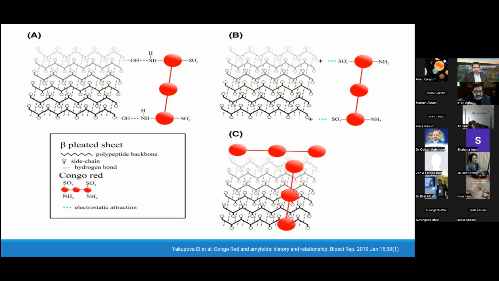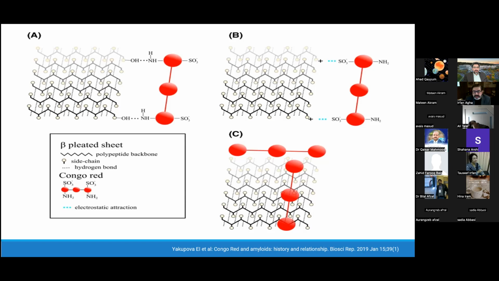And the dye could bind through several different ways. It could be through hydrogen bonds. So you're looking at these hydrogen bonds over here that make the molecules of Congo red stick to the fibrils.